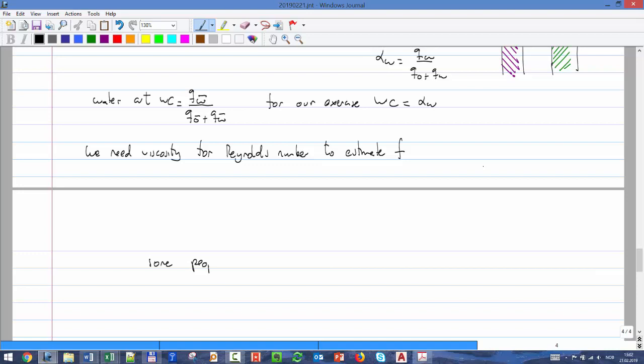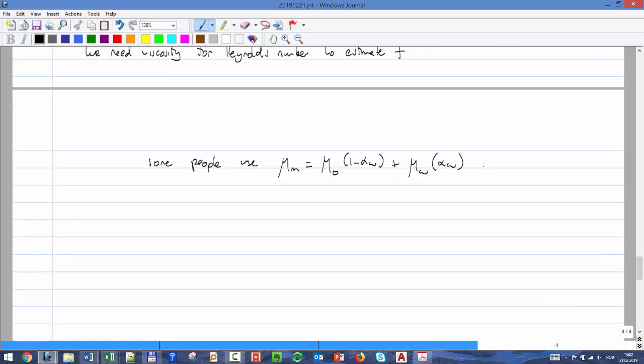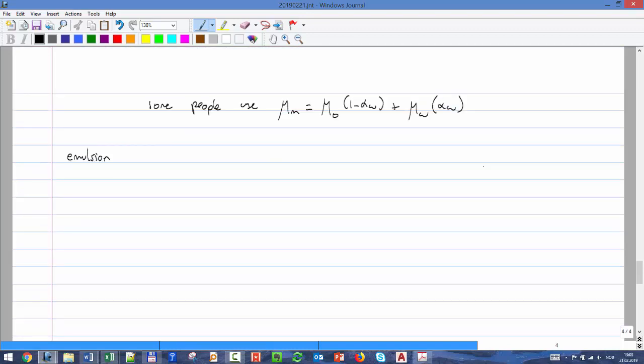Some people simply use the viscosity of the mixture as the viscosity of the oil times 1 minus alpha water plus the viscosity of the water times alpha water. But there is a behavior which occurs in the field and in real crudes, that is called emulsion, that you have to be aware of, and that's what we are going to use in this exercise.